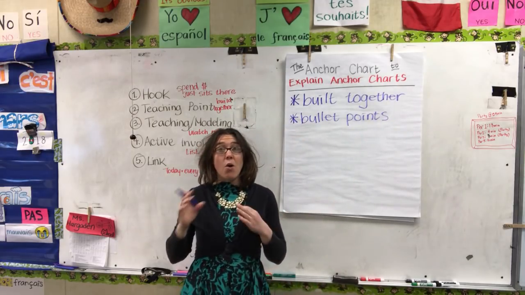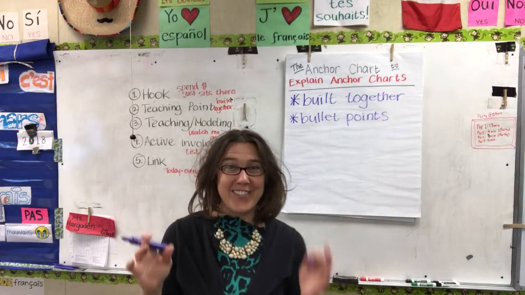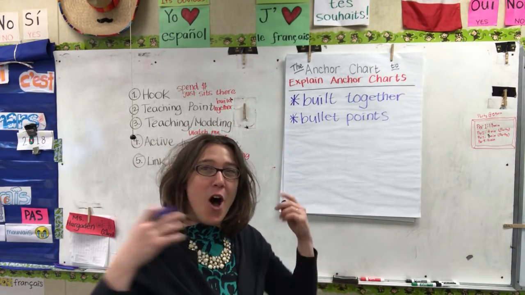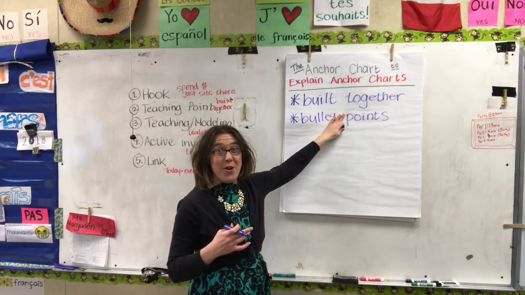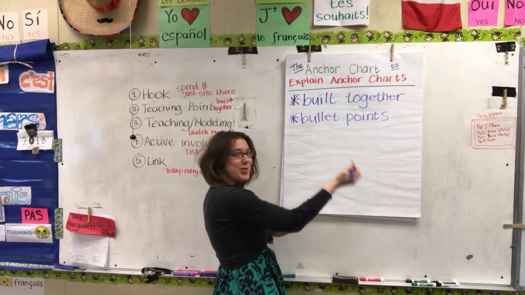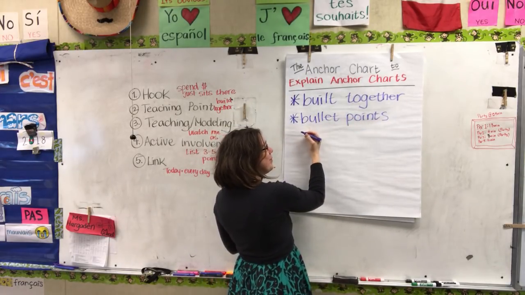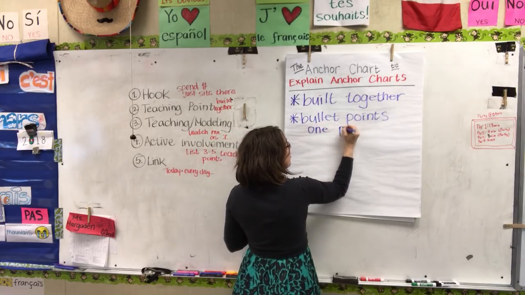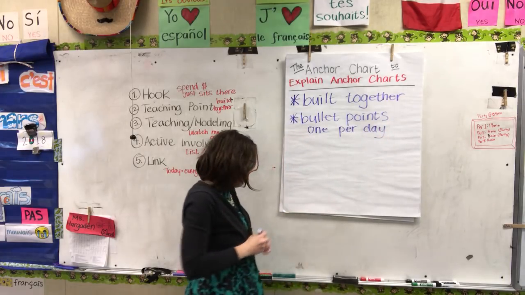And generally you're only adding, okay, so I've never done this before. Usually an anchor chart would have a bullet point on there, and I would only add one per day. But this is a little different because we're teachers, okay? So the bullet points are usually added one at a time, one per day, maybe two per day.